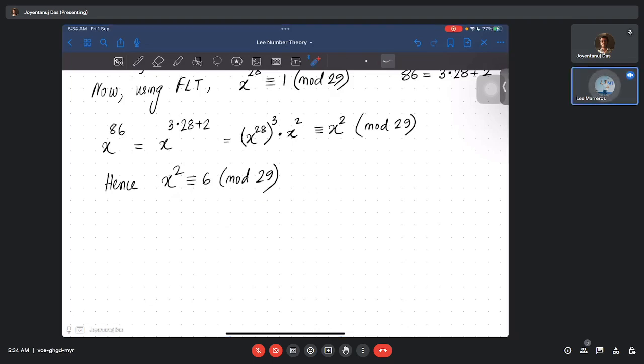So x would be from 0 to 28, and we have to manually check which ones work. That is the only way till now.